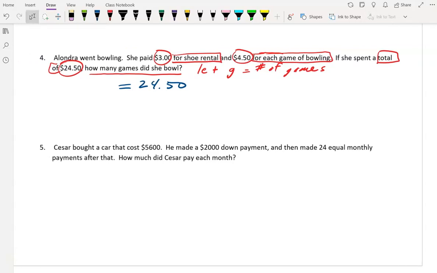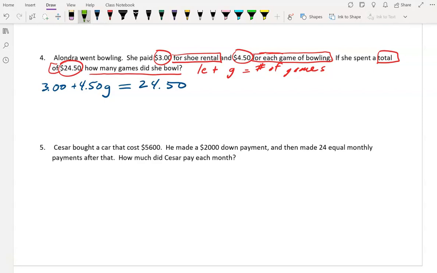In this case, she is paying $3 for the shoe rental plus $4.50 for each game of bowling. So that'll be $4.50 times the number of games that she bowls, which in this case we're using G to represent. So $3 plus $4.50 times G equals $24.50. And there's your equation. Hopefully you got that right.